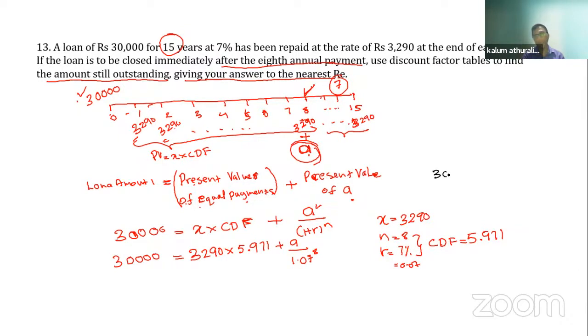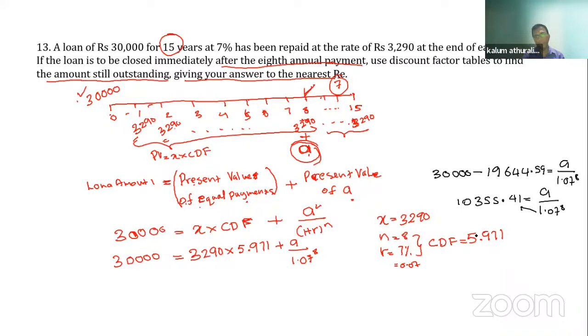30,000 minus this gives 10,355.41, which equals A over 1.07 to the power 8.